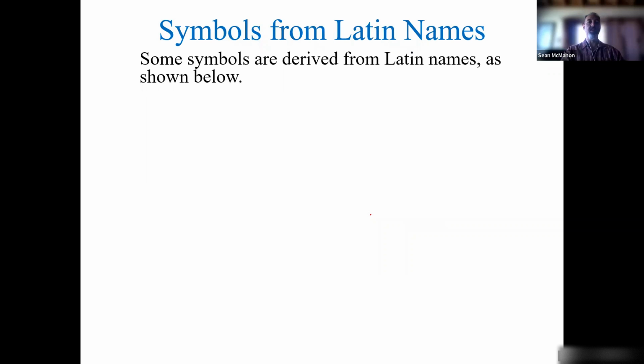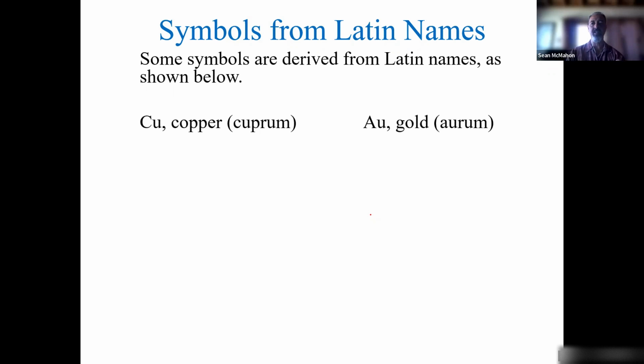Okay. So the other thing that students notice when they look at the periodic table, they might see, you know, copper is Cu. Well, again, that's because when it was originally named, it was cuprum, right? We've heard of the Copper Age, right? That was a long time ago. So the name for copper was cuprum.